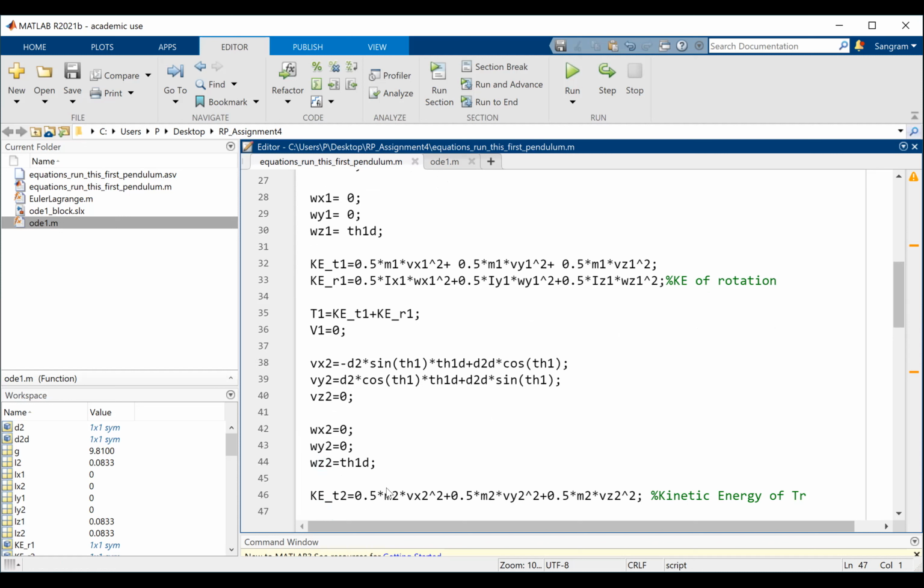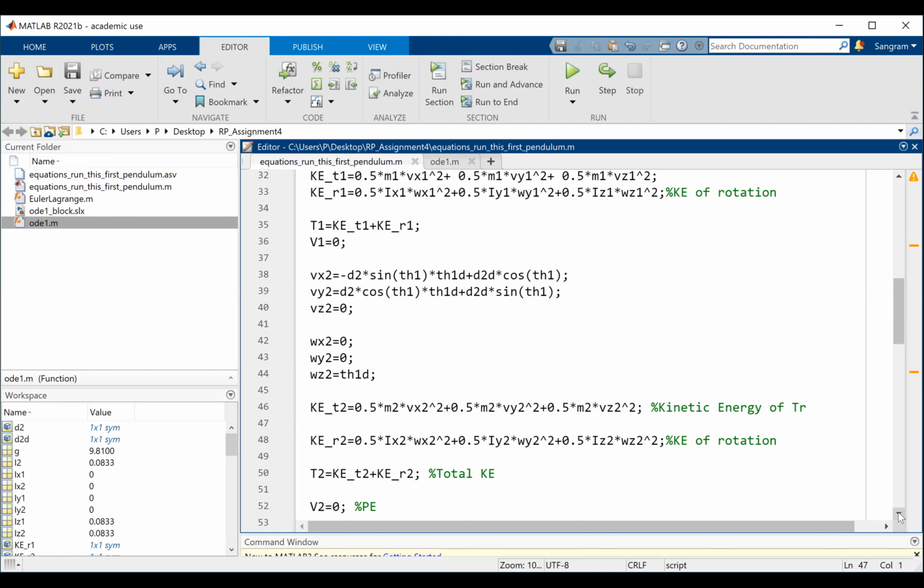Now, the next part is I need to write down the kinetic energy for translation for mass 2, which is this guy. And please note mx2 is equal to my2 is equal to mz2. So that's why the kinetic energy is this guy.